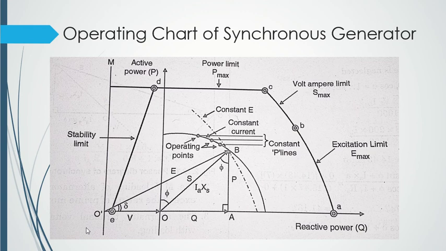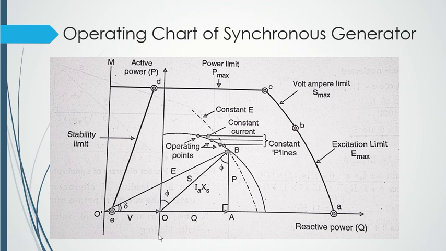Okay, so the line O dash M is this one. This line is at right angle to O dash O. So the angle between O dash M and O dash O is 90 degree. Now why is it 90 degree?